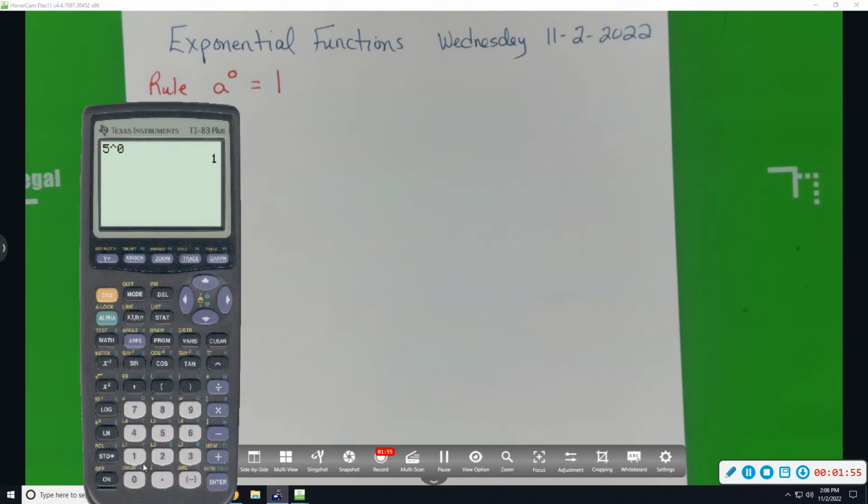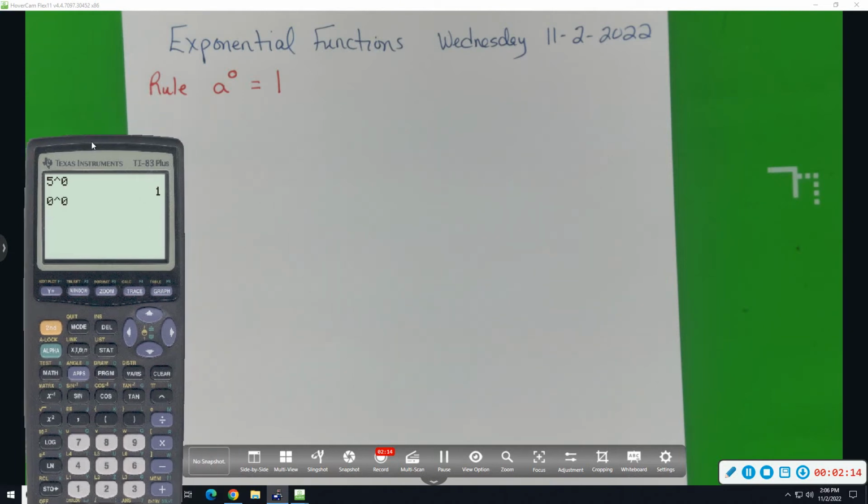And 0 raised to the 0 power is not defined. That's just a formality, it's not going to actually pop up anywhere. Generally, you'll hear that anything to the 0 power is 1.